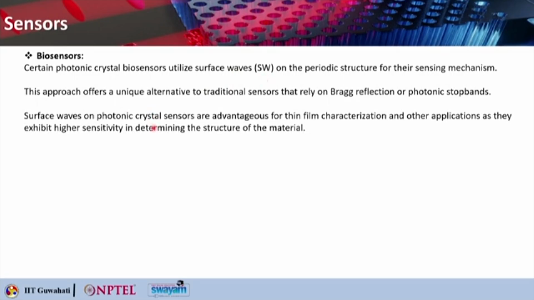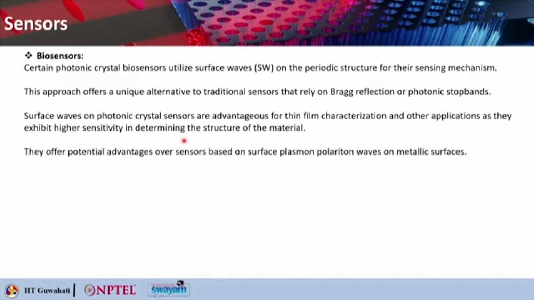Surface waves on photonic crystal sensors are advantageous for thin film characterization and other applications, as they exhibit higher sensitivity in determining the structure of the material. They offer potential advantage over sensors based on surface plasmon polariton waves on metallic surfaces.